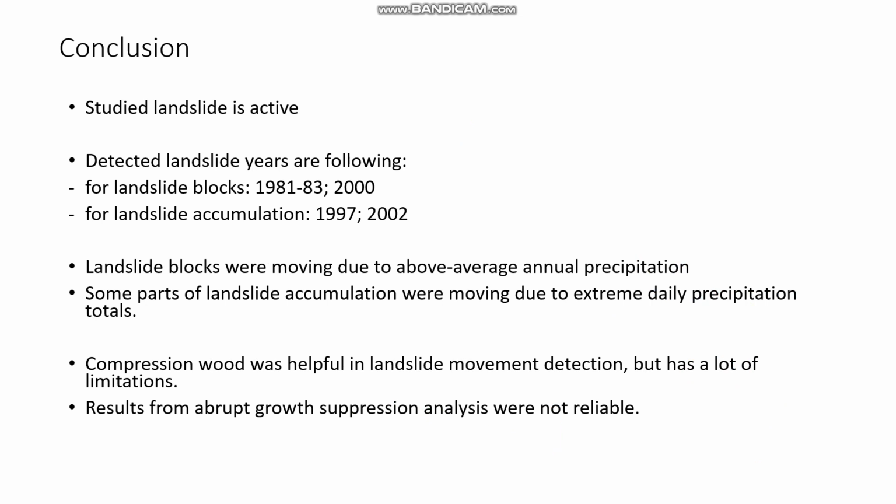I found out that landslide movements were triggered by above average annual precipitation in the case of landslide blocks, whereas extreme daily precipitation triggered landsliding in the shallow landslide accumulations. In terms of dendrogeomorphologic methodology, reaction wood would seem to be helpful in detection of landslide movements, but a lot of limitations occurred, and unfortunately results from abrupt growth suppression analysis were not reliable.